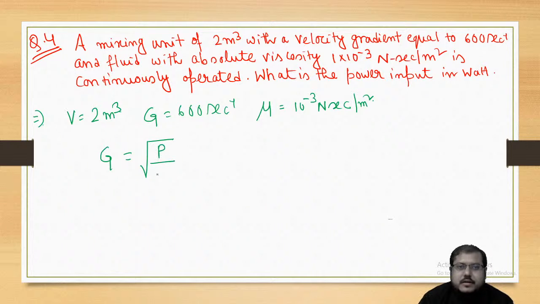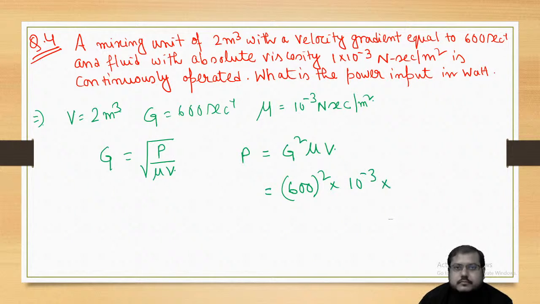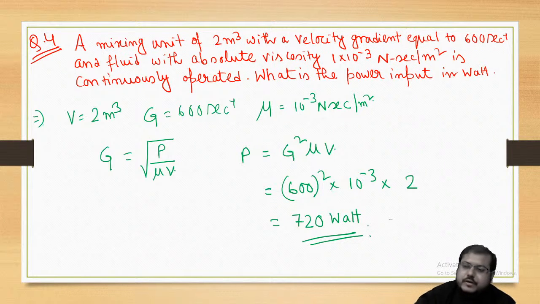Under root P by mu V. So from here, P is actually G squared into mu V. $720.